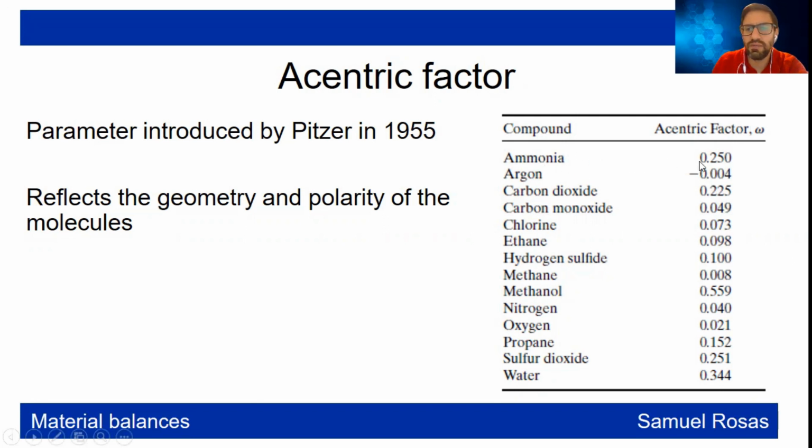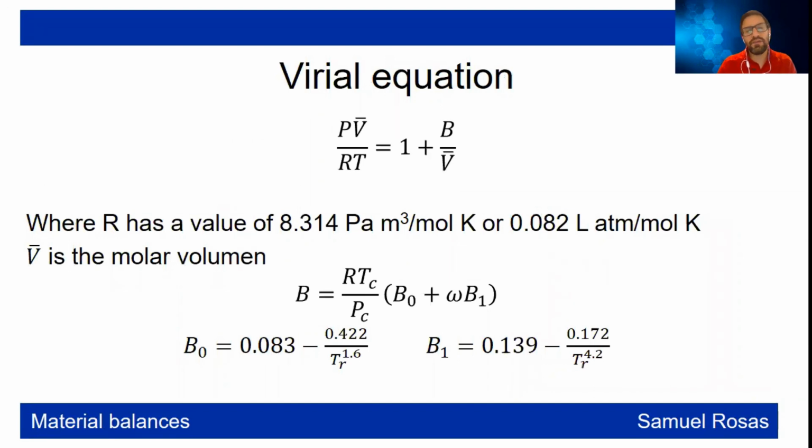For instance, we have ammonia, we have argon, carbon dioxide, and we can look for a lot of them, okay? And in the virial equation, when we just have the first term, B over V, we can calculate B, this parameter, as this expression: R critical temperature over critical pressure, times B0 plus omega B1, where B0 is this expression.